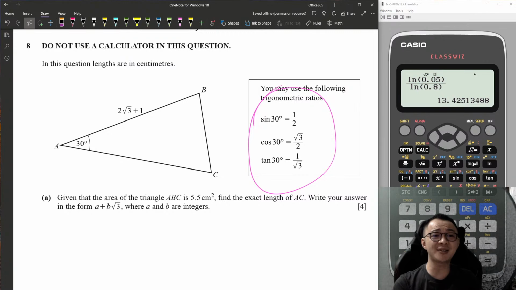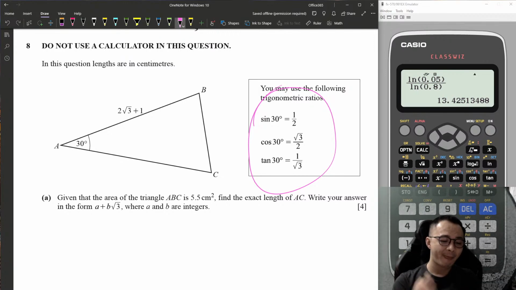But because nowadays everyone has this calculator, but of course I believe examiners still think some students are using the 570 MS, which will not show in the surd form, they will show in the decimal only, like 0.866. So this is the reason why they give you this value, just to be fair to all the students. Yeah, I like that they are considerate.